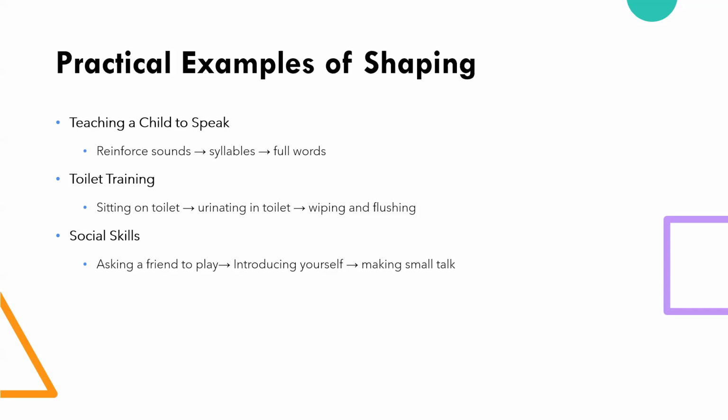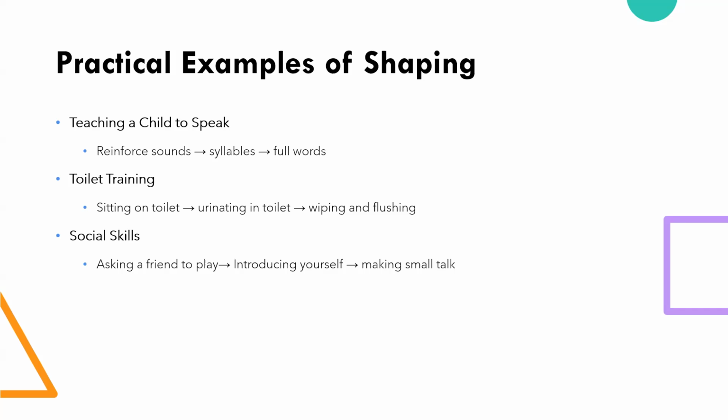So I would have him not only ask a friend to play, but say, "Hey, my name is so and so," and then slowly added making some small talk as the terminal behavior. What we want with social skills is for a kid to be able to make friends, join a group, and have a full-on conversation. If you break that down into smaller steps, there's usually a whole bunch of little behaviors that add up towards that, so you can always shape those things.